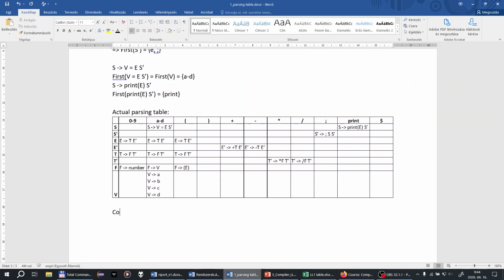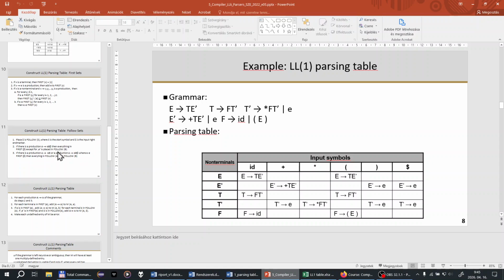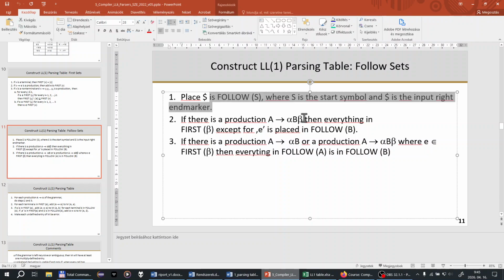Okay, so the next step is to compute the follow sets. In this case, we have three rules. The first: place the $ sign in the follow set of the initial symbol.